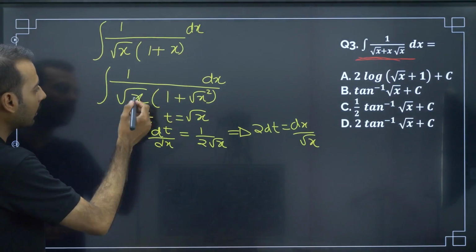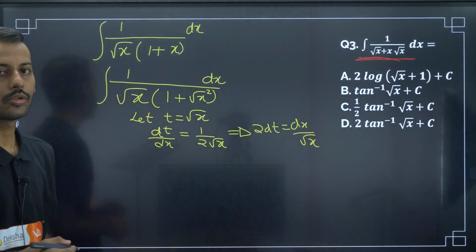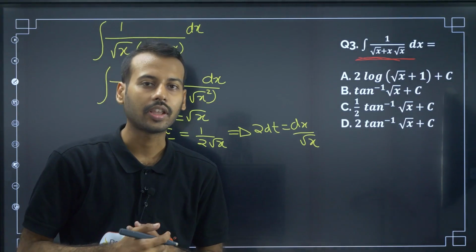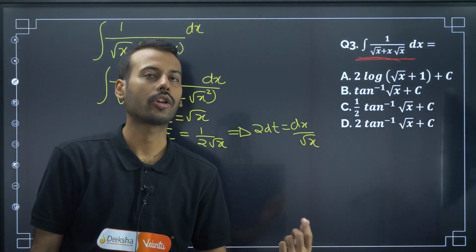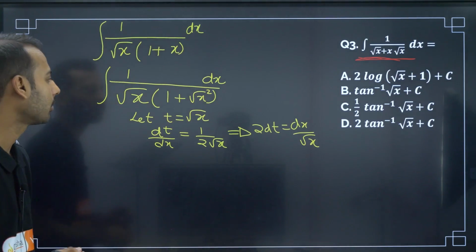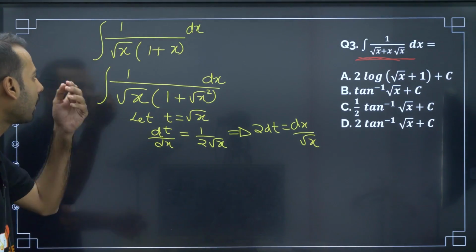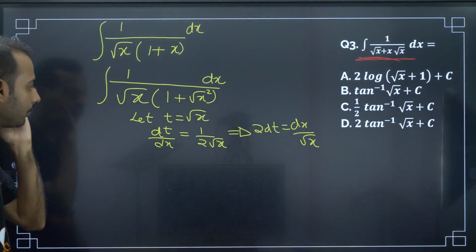So after making this substitution, now how to make substitution, all this will come with extreme practice only. There is no shortcut on how to do what substitution. We have to practice many times, and then we will get to know what substitution we have to do.